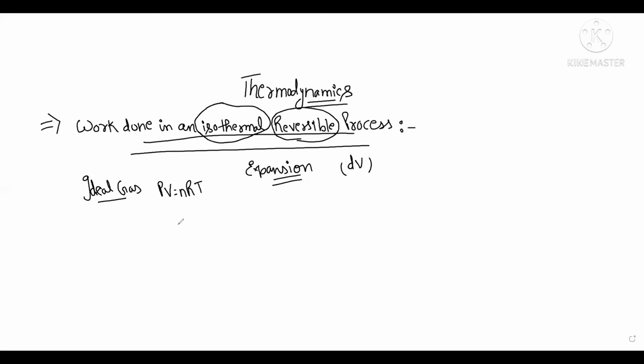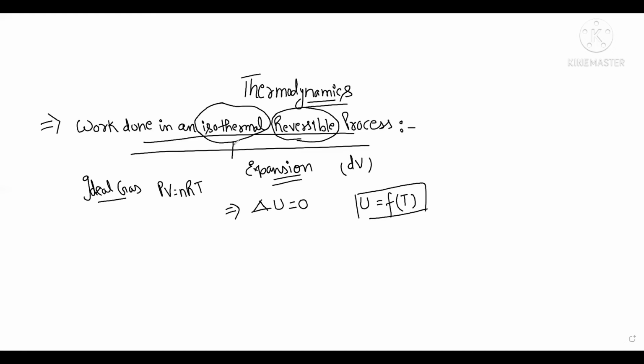Now, since the gas or the system is under isothermal conditions, delta U will be equal to 0. Why? Since U is a function of temperature, there will be no change in U. U is internal energy.